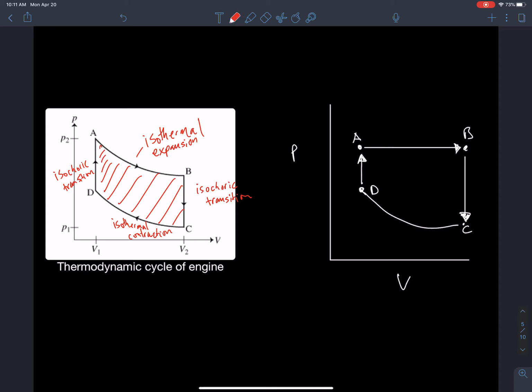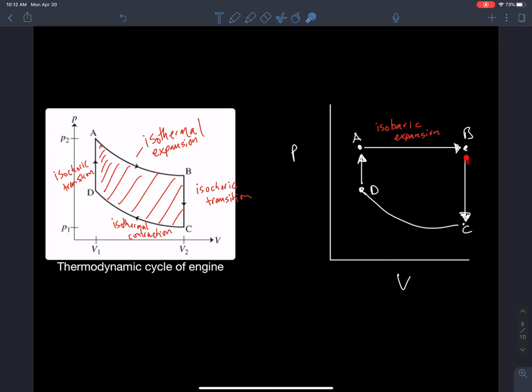Instead of an isothermal expansion, we have an isobaric expansion. Now that would require that the system somehow maintains the pressure of the gas inside the cylinder and causes it to rapidly expand while maintaining the pressure of the gas in here to get to point B. Okay, so then I'd have a little bit of extra area.